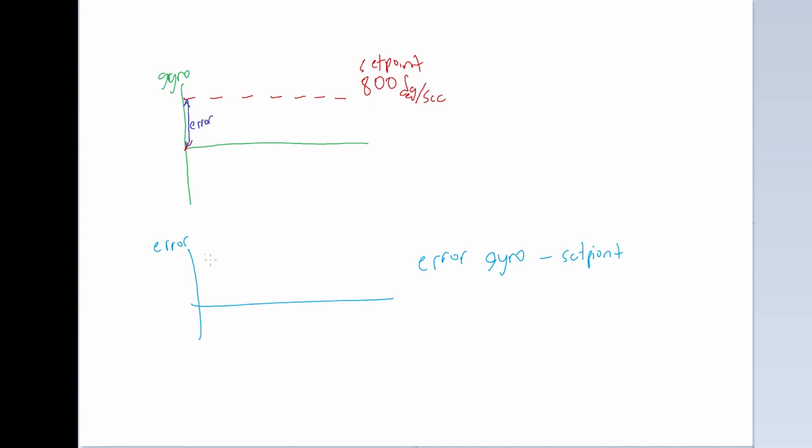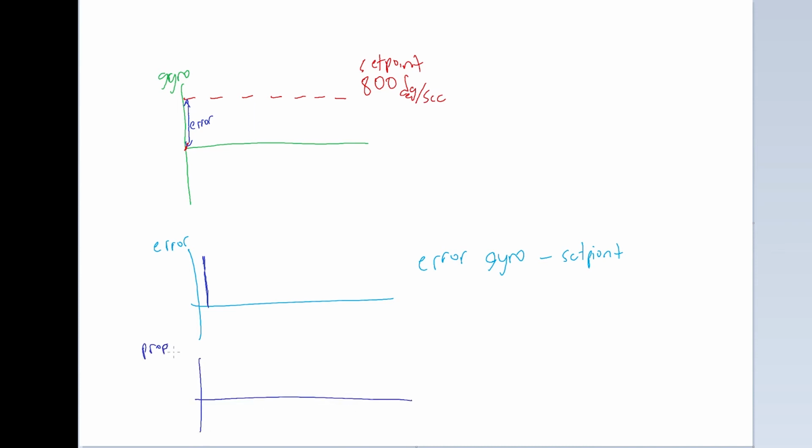This is error. Okay, and that error is now here. So it doesn't take 1-to-1 because of the equation for the proportional control. Right now this is error.